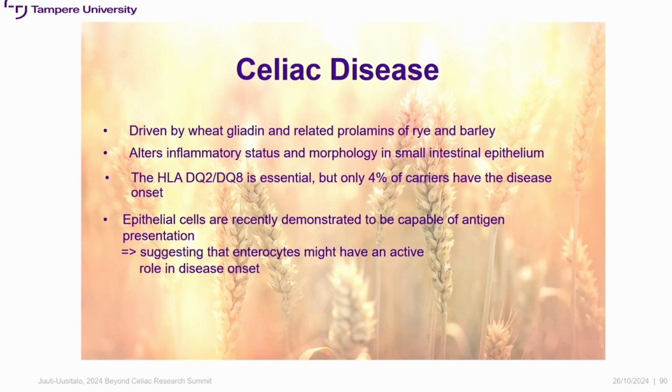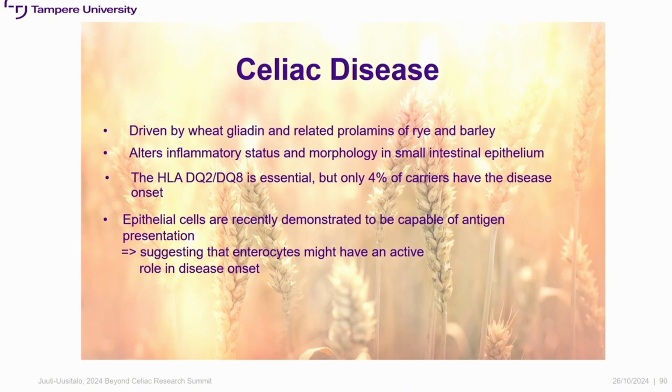One reason might be the environment, and also that epithelial cells have been thought to be merely bystanders in this process. Just recently, Elena Verdu's laboratory showed that small intestinal epithelial cells are also able to act as antigen-presenting cells.